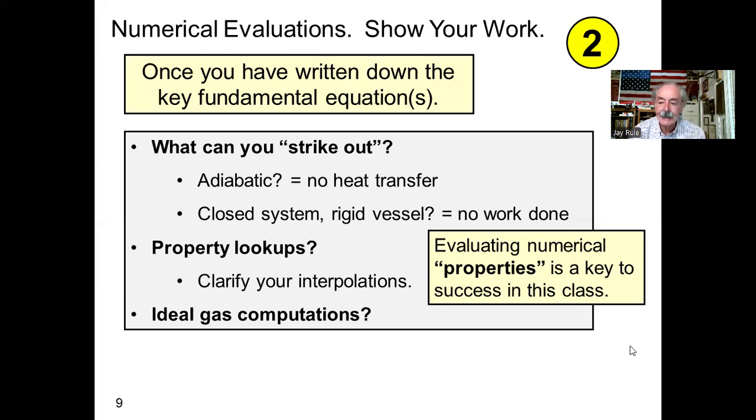But recognize again that evaluating the numerical properties h, u, specific volume v, little s, entropy, those are the keys to success in this class, okay? Property lookups. And then finally, ideal gas computations. If you have an ideal gas, what can you do with the ideal gas equation of state that doesn't even involve property lookups? It's simply the fundamental ideal gas equation of state.